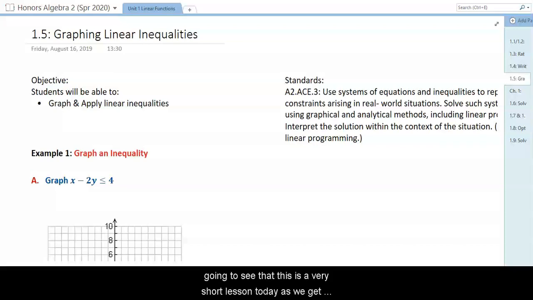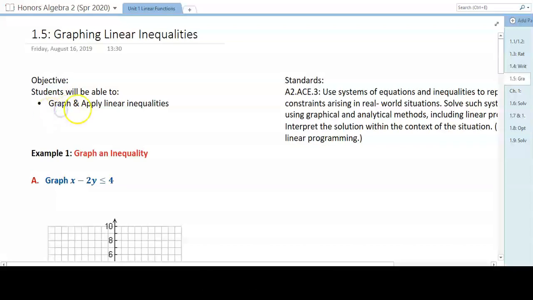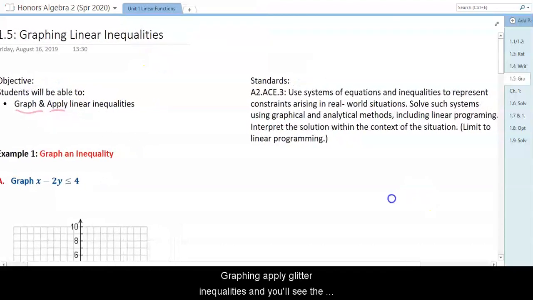You're going to see that this is a very short lesson today as we get ready for our mid-chapter quiz tomorrow. 1.5 is graphing linear inequalities, so you're going to be able to graph and apply linear inequalities, and you'll see the standard here is to be able to use systems of equations. We're not doing systems yet, but we're getting there.